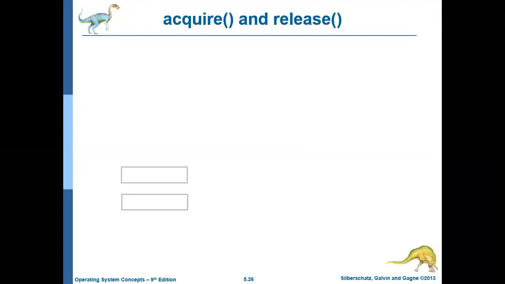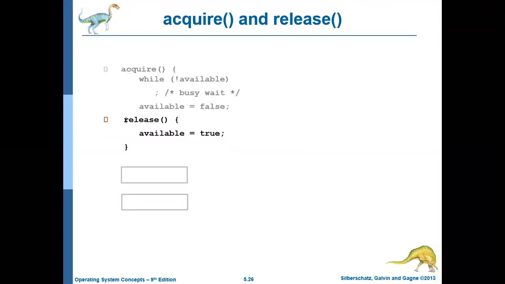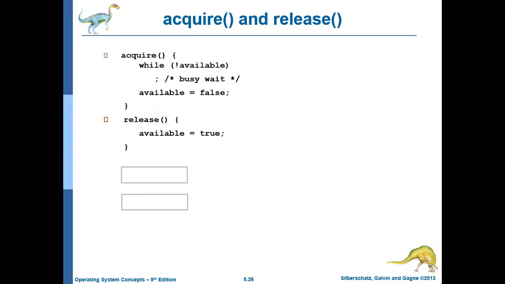This is how normally the code for mutex lock appears. There will be two functions, acquire and release. Before entering the critical section, the particular process should execute acquire. In acquire, it checks while not available. Here we use the term available.